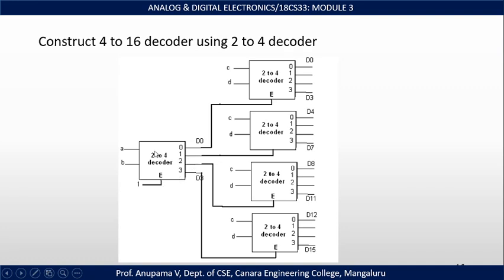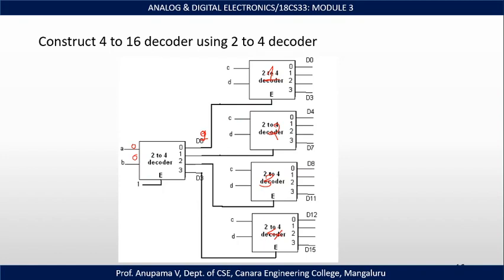Now, when AB is set to 0, D0 will be active. Let me call these 2 to 4 decoders 1, 2, 3, 4. When A and B are set to 0, D0 will be active.